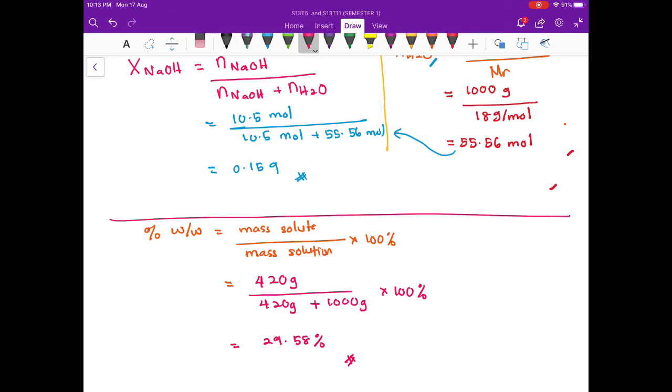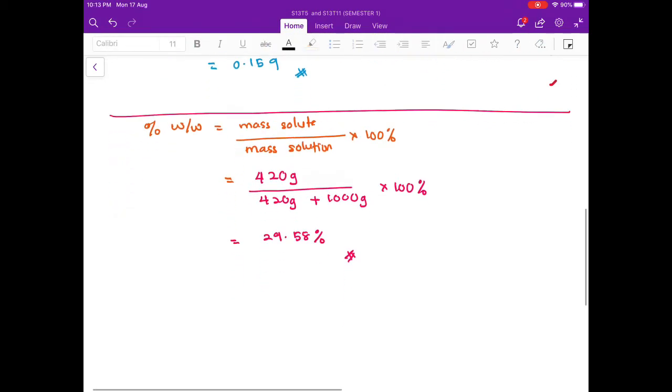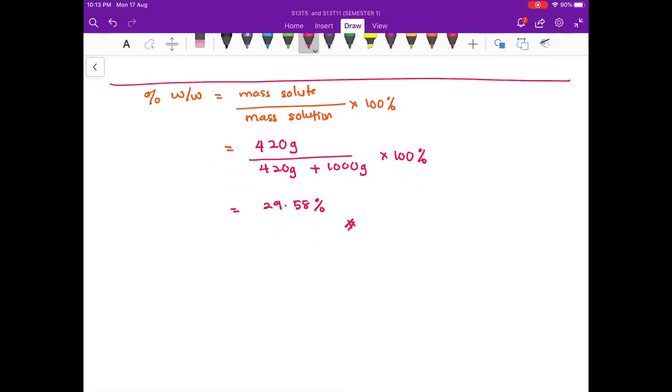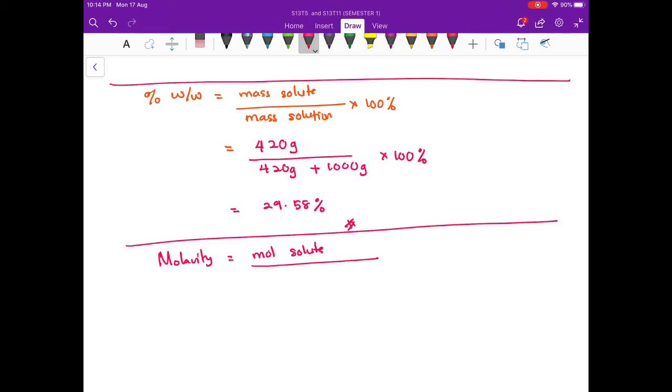And what about molarity? Molarity is the next one. First we need to write the formula. Molarity is equal to mole solute over volume solution in liter.